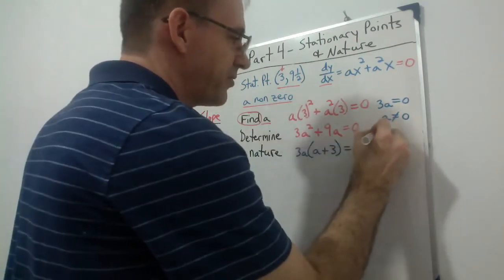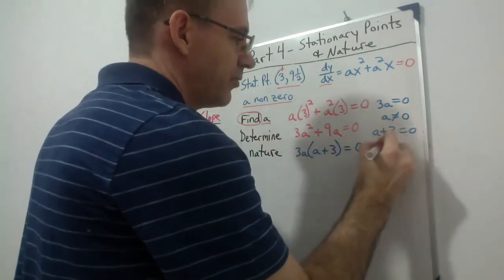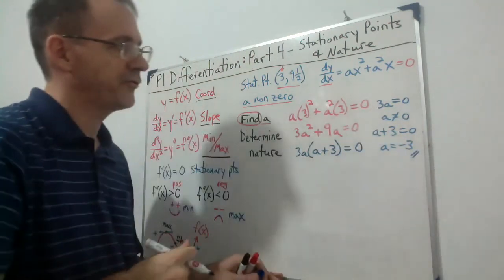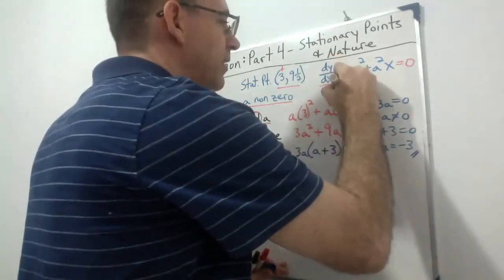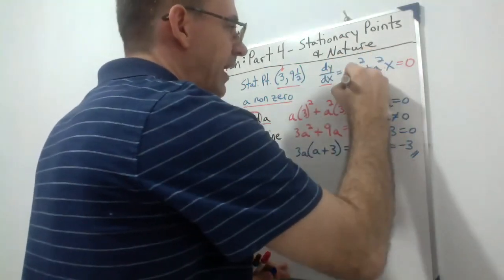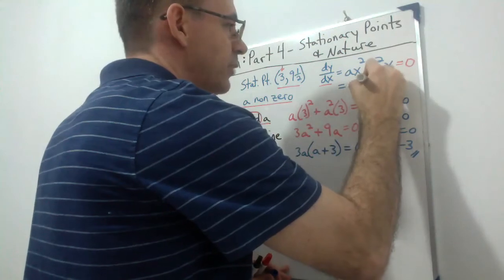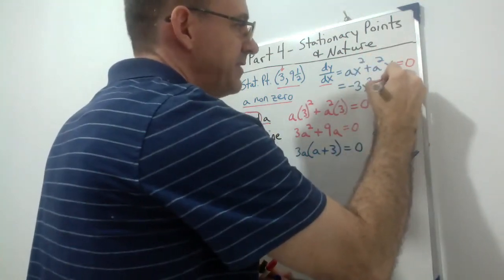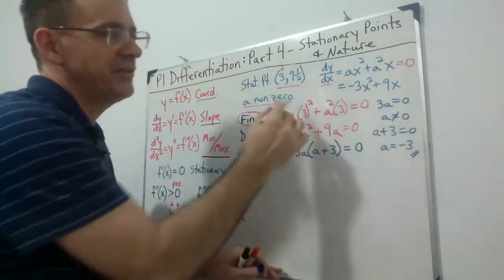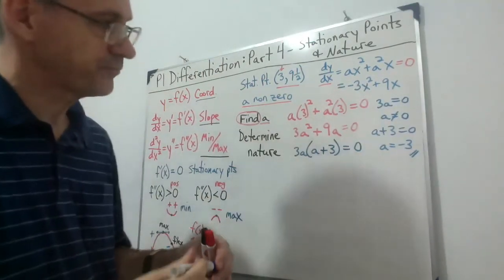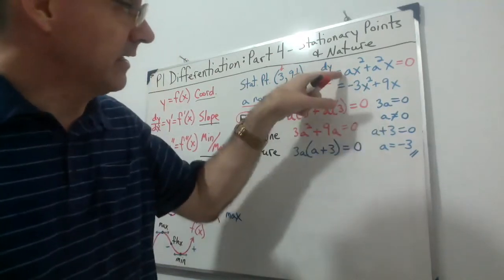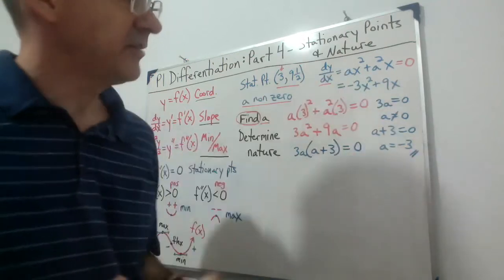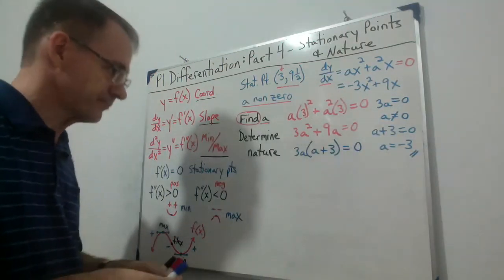And with a plus 3 equals 0, a equals a negative 3. So this is our value for a. So now we can write our first derivative as a negative 3x squared, and a negative 3 squared is 9 plus 9x. So this is now our first derivative statement by plugging a back into here. So negative 3x squared, negative 3 squared is 9, so plus 9x.